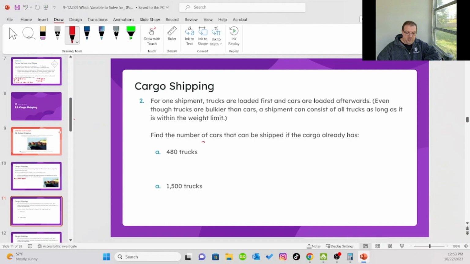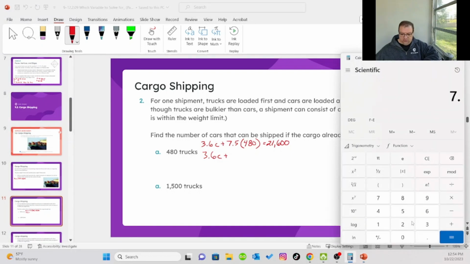So we have 3.6C plus 7.5 times 480 equals 21,600. 3.6C plus 7.5 times 480 equals 3,600.